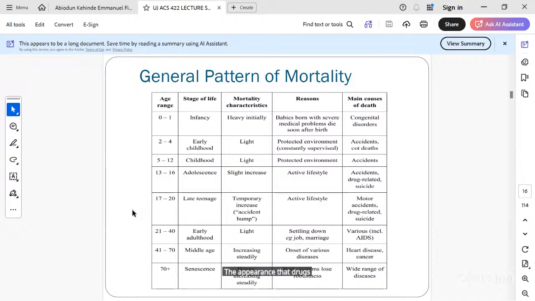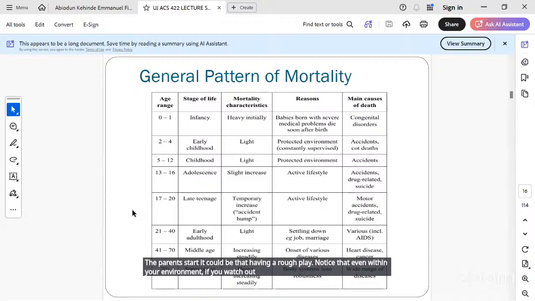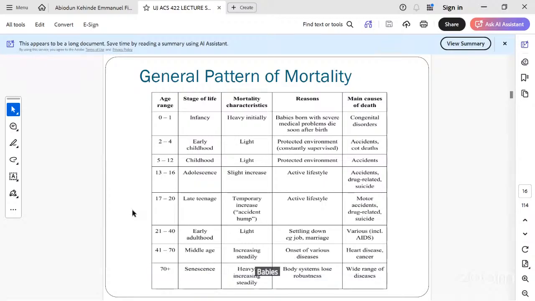It could be that in a rough play. We notice that even within your environment, if you watch out for babies or children of that age group.